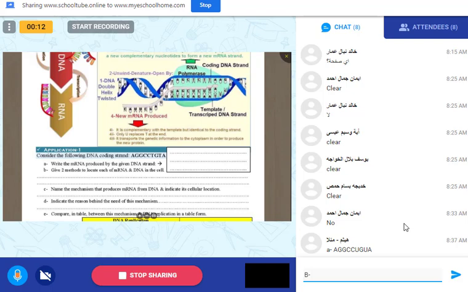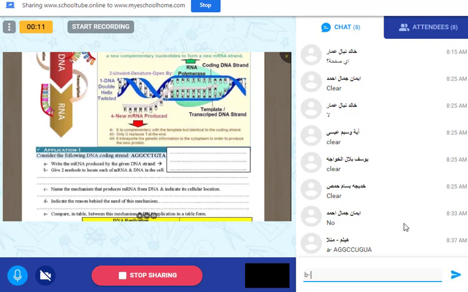I want two methods for this. How can I locate the DNA and RNA?